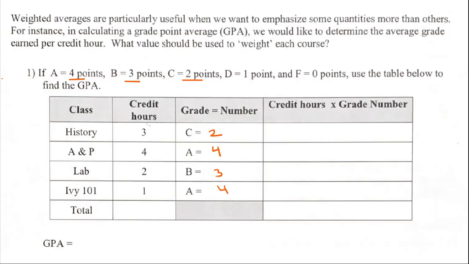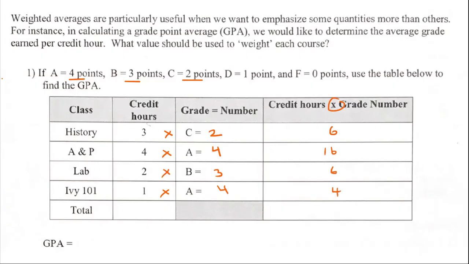After we write down the points for the grades, what we need to do next is multiply the credit hours times the grade number. So 3 times 2 gives us 6. 4 times 4 is 16. 2 times 3 is 6. 1 times 4 is 4.